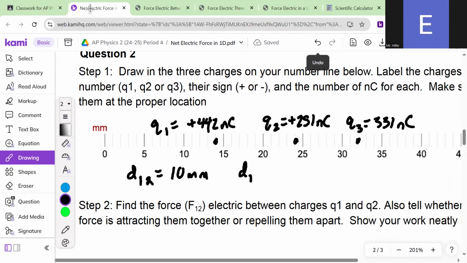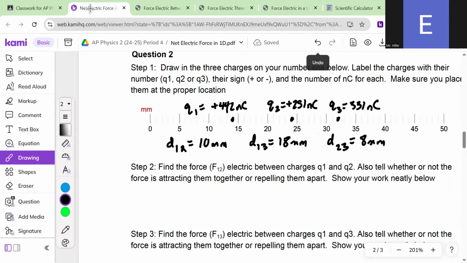The distance between 1 and 3 is 18 millimeters. And the distance between 2 and 3 is 8 millimeters.